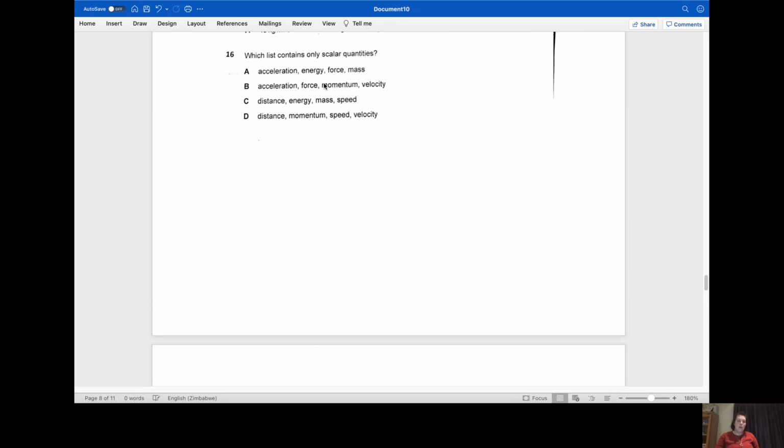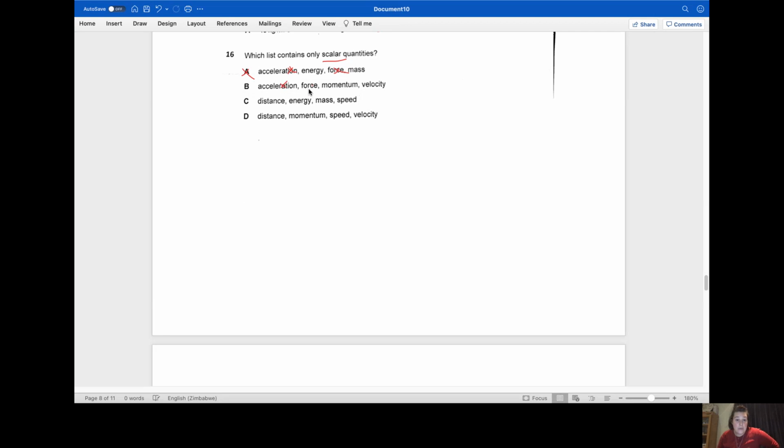Which lists contain only scalar quantities? The best way to answer this question is go through each list, and if it has a vector, that's not your answer. So A, acceleration and force are both vectors. It's not A. B, it's not B again.